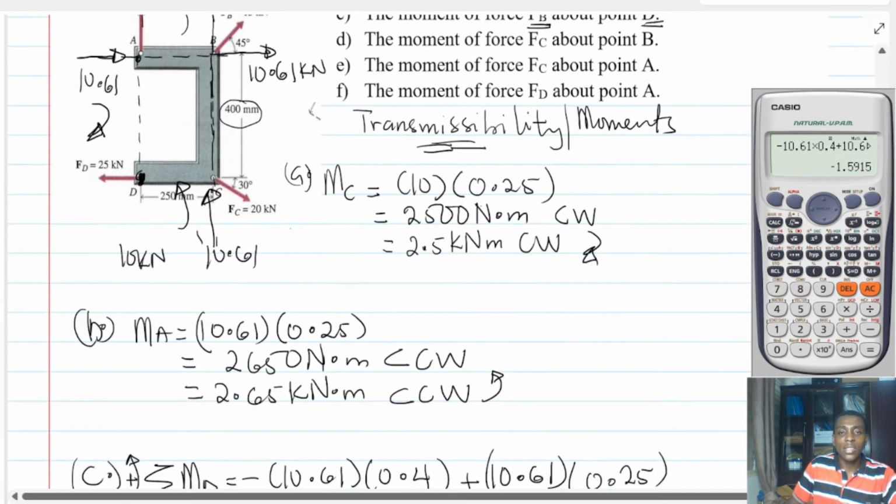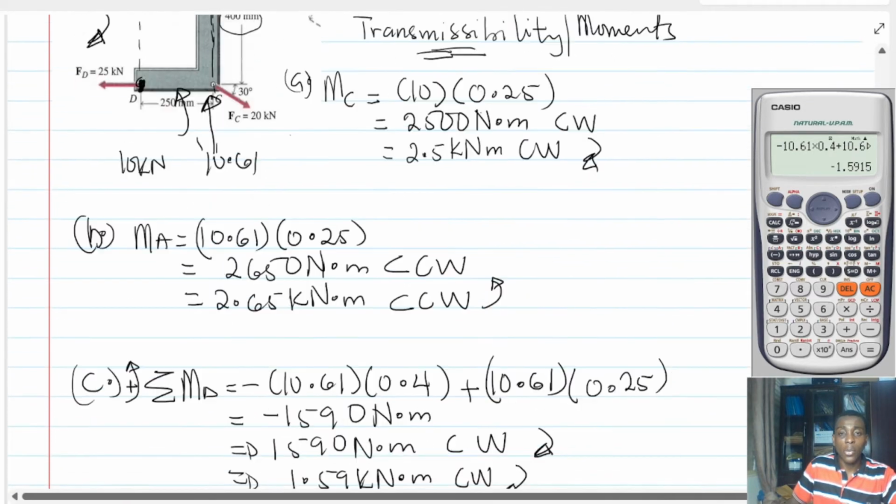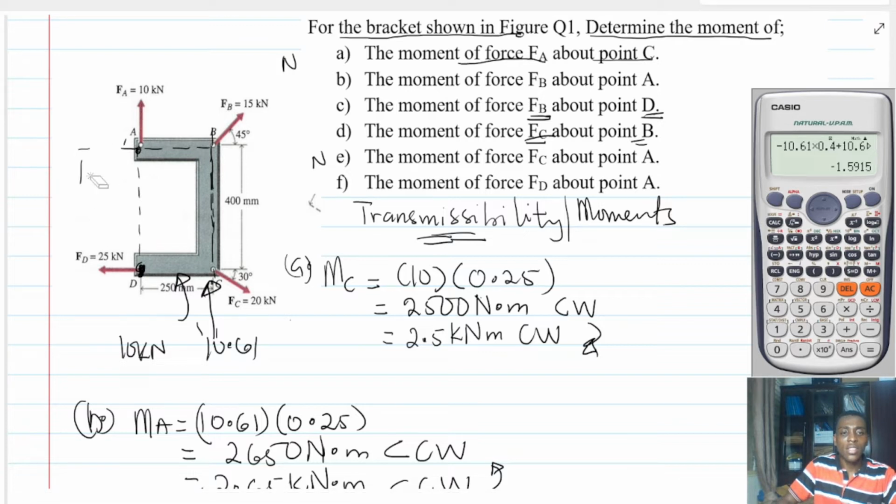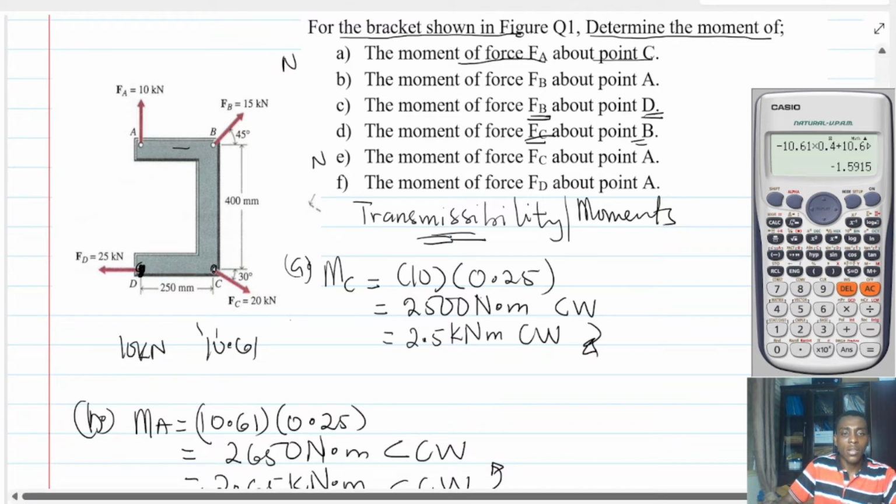Let's look at the point D, the fourth question. FC about B. Is that right? Where is FC? FC is this force. This one. So this is FC. About what? Point B. So FC about what?